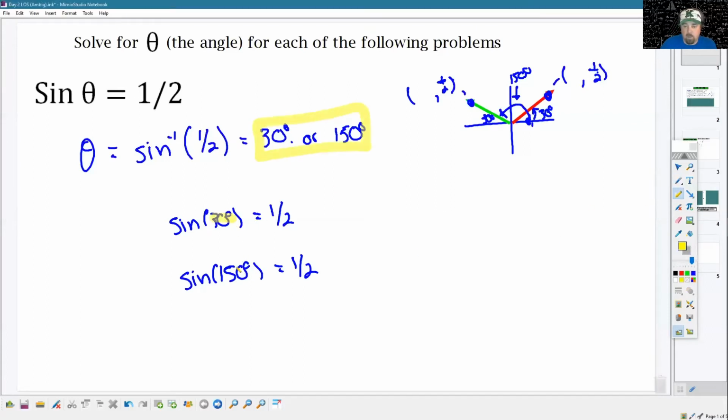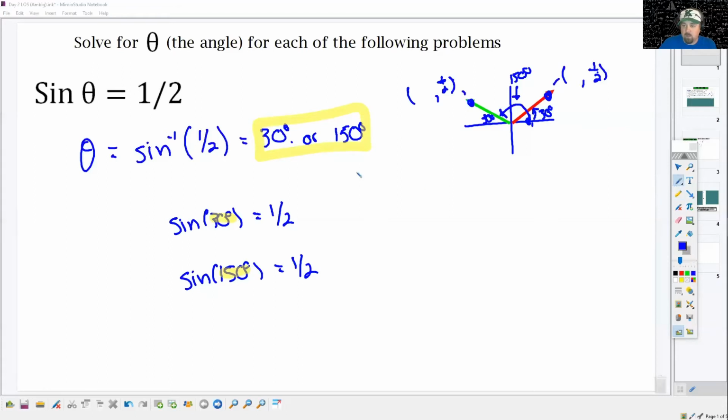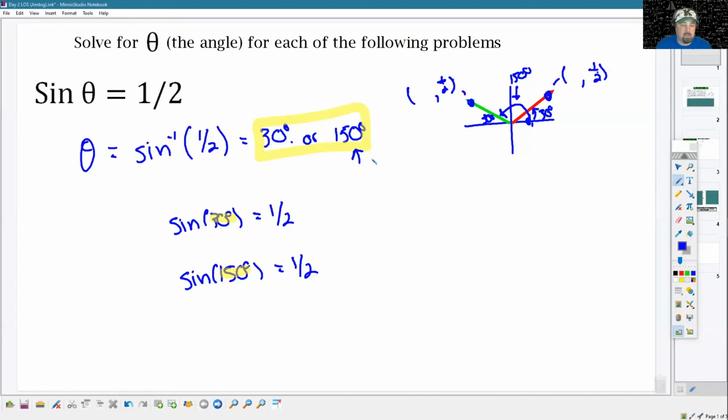Now, that's troublesome when we start solving for triangles, because 150 just so happens to be less than 180 degrees, meaning there's a possibility that this 150 could fit in one of our triangles and we would get more than one answer when we go to solve for an angle in a triangle using the law of sines. And that's what the ambiguous case is.